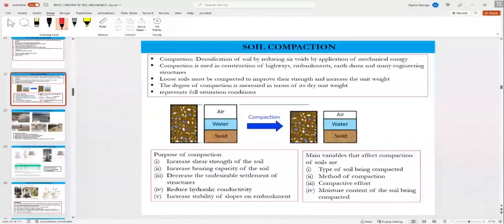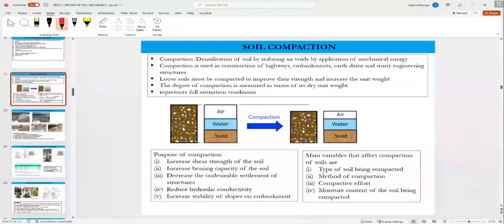So, compacting soil, we densify the soil by reducing the air voids through the application of mechanical energy. We know the areas where we use soil compaction: highways, dams, and many other engineering applications.